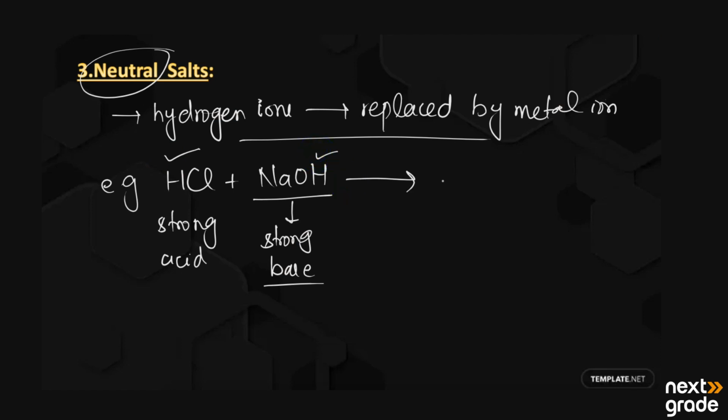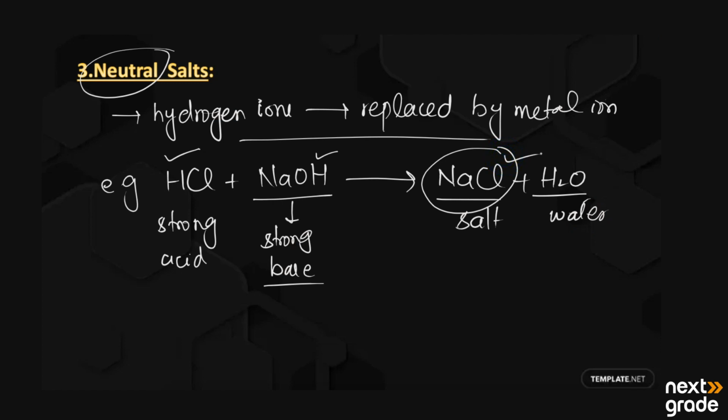After the reaction we gain NaCl and water. This is the salt, and this is water. This salt has no replaceable hydrogen atom and is formed by complete replacement of the hydrogen ions by the metal ions, so it is known as the neutral salt.